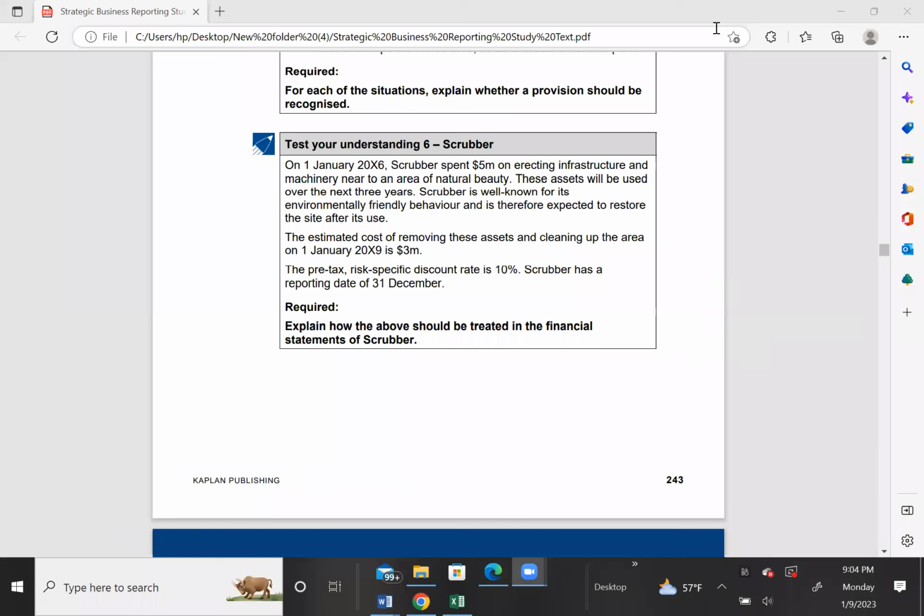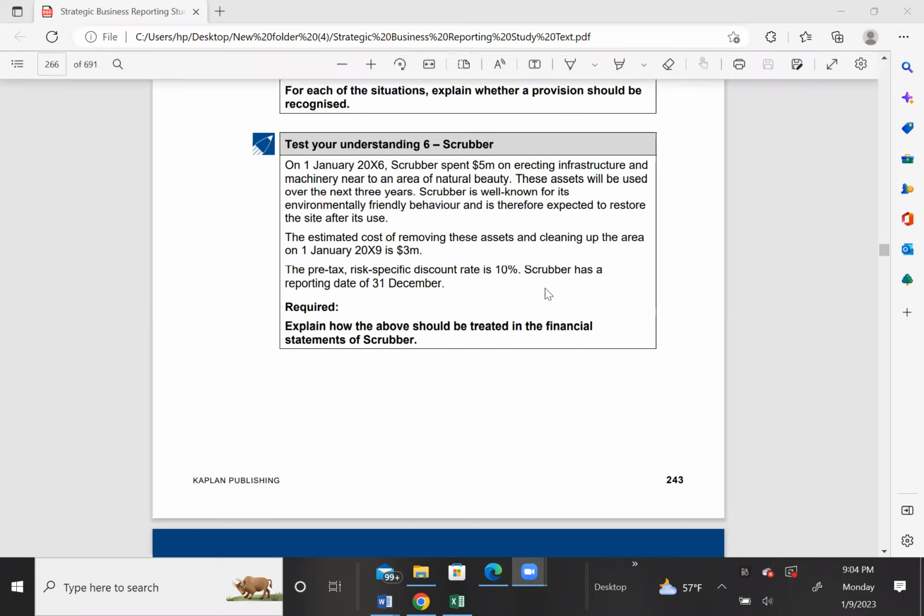So it is their constructive obligation. The estimated cost of removing the asset and cleaning up the area on 1st January X9, after 3 years, would be 3 million. The pre-tax rate of return is 10%, and Scrubber's reporting year end is 31st December. So how should this transaction be accounted for in the financial statements?